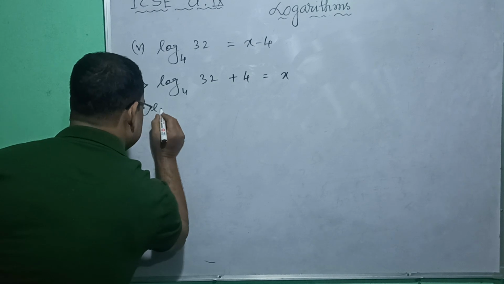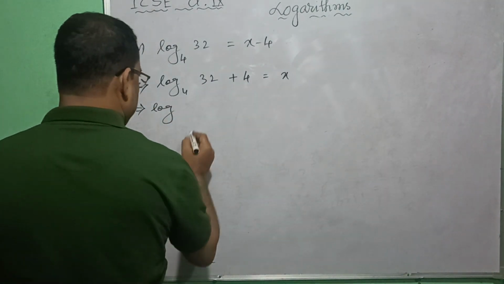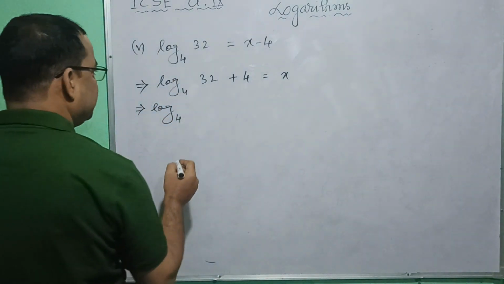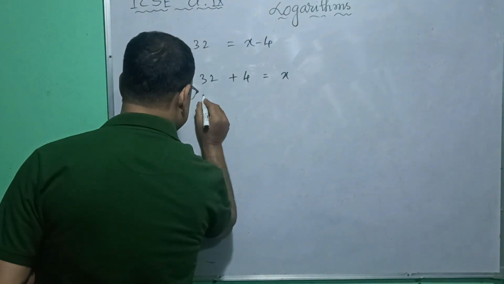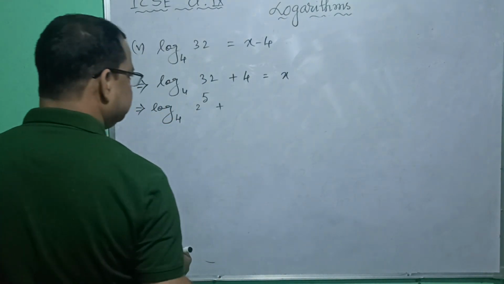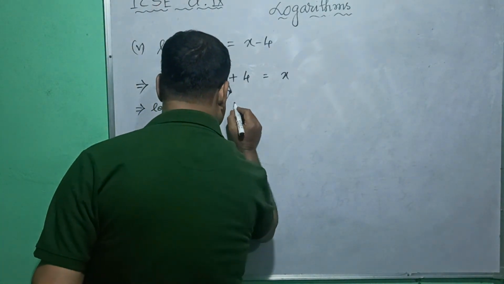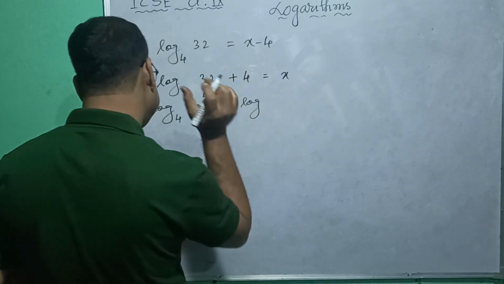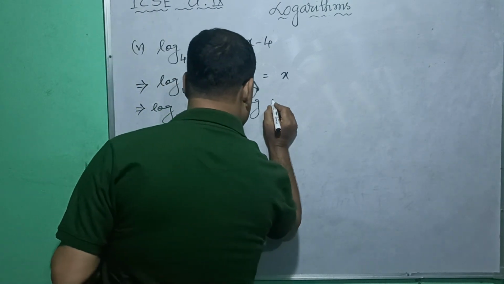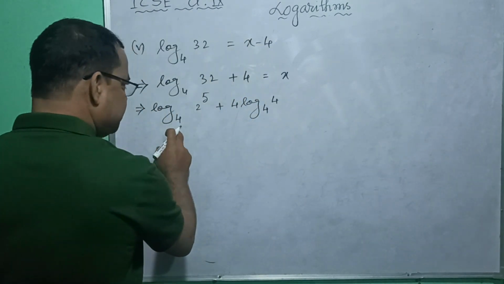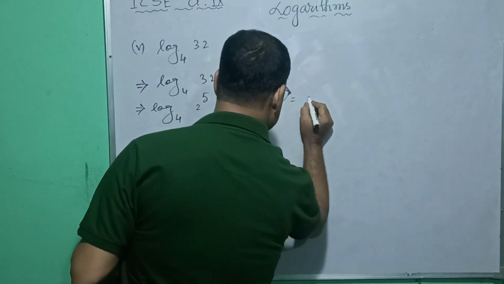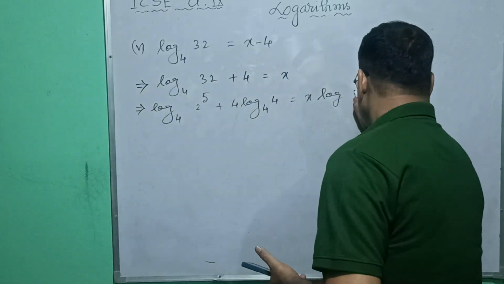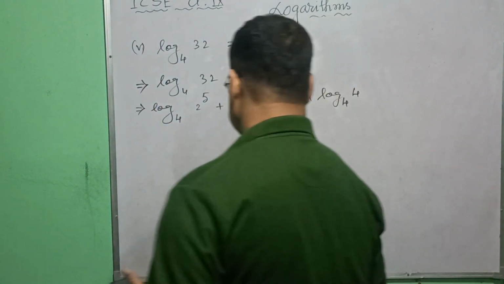This implies log 32, we can write 2 to the power 5, plus, therefore we can write 4 log 4 base 4, because here the base is 4, equal to x log 4 base 4.